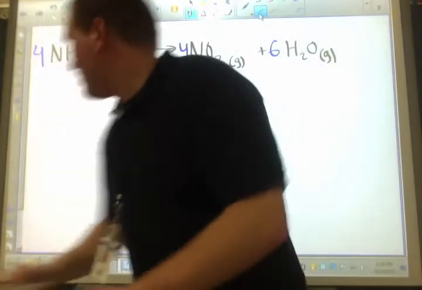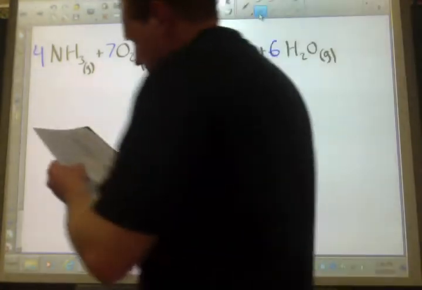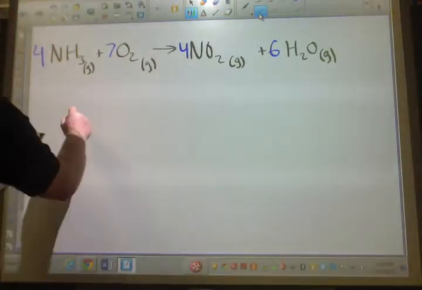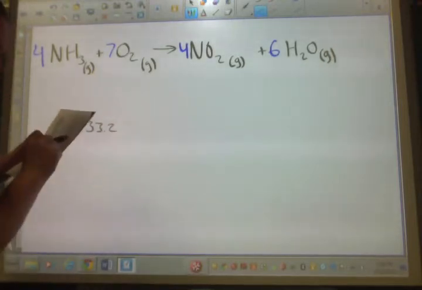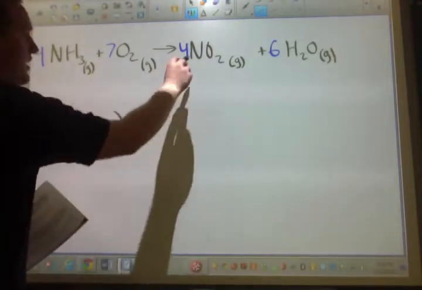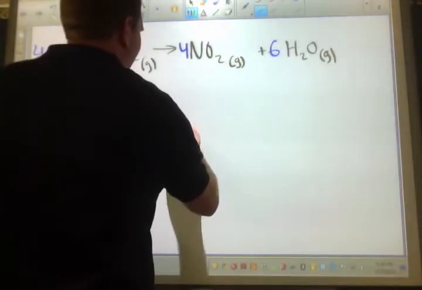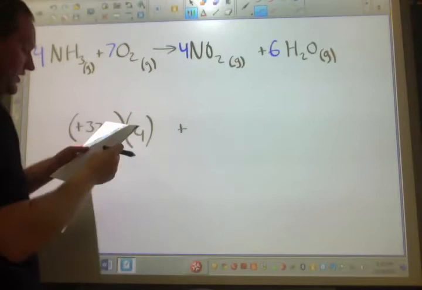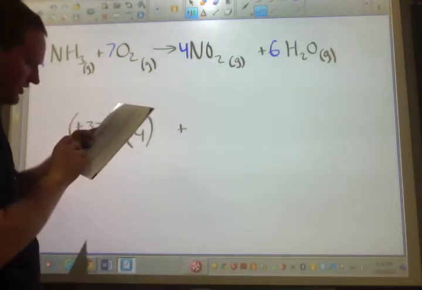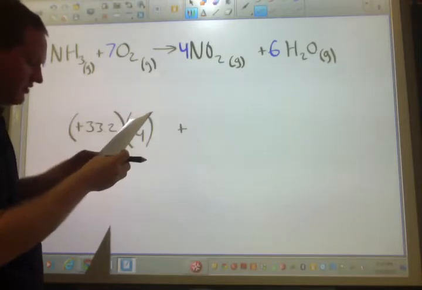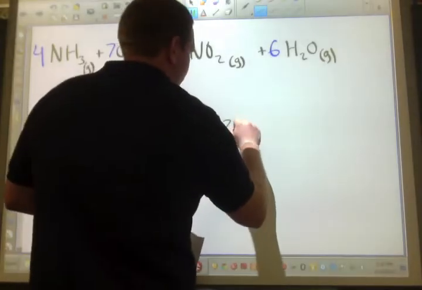Okay. NO2, nitrogen dioxide, is a rare positive 33.2 kilojoules per mole times 4 moles. We're going to add that to 6 gaseous waters. So hydrogen oxide as gas is negative 241.8.